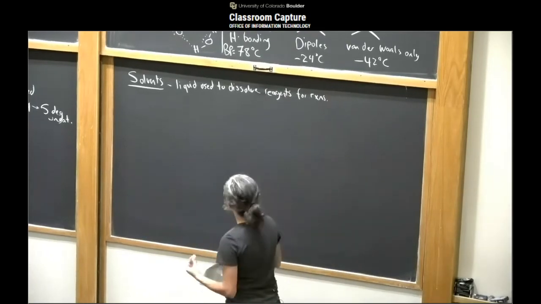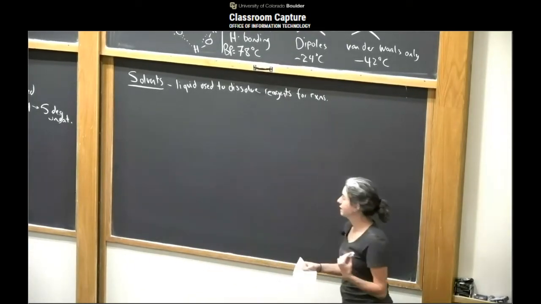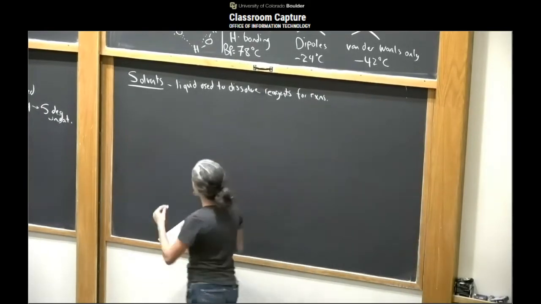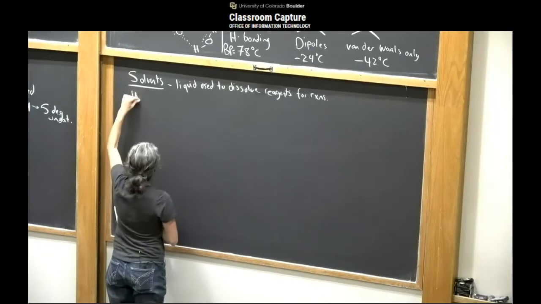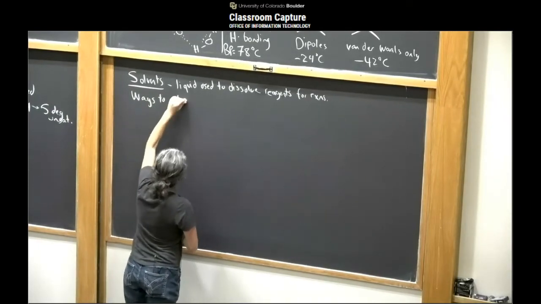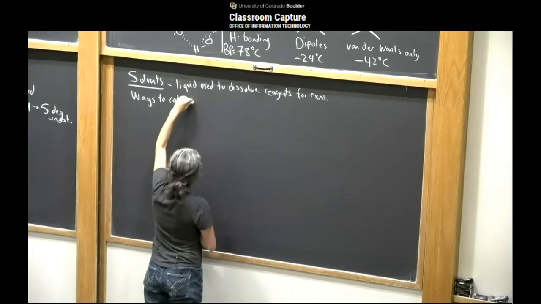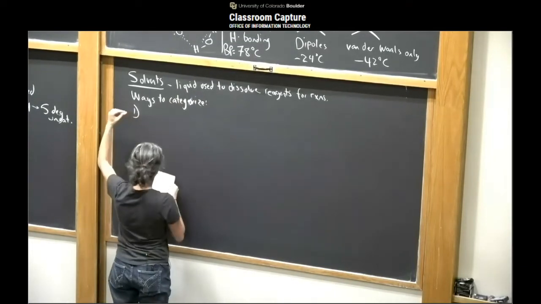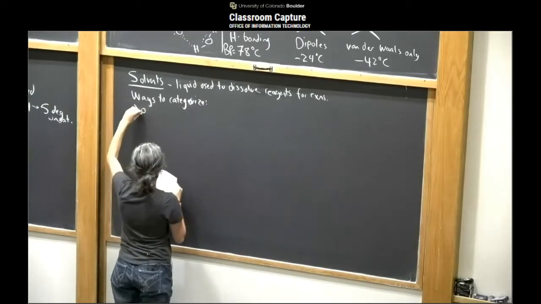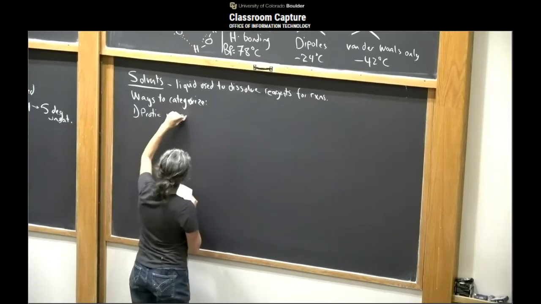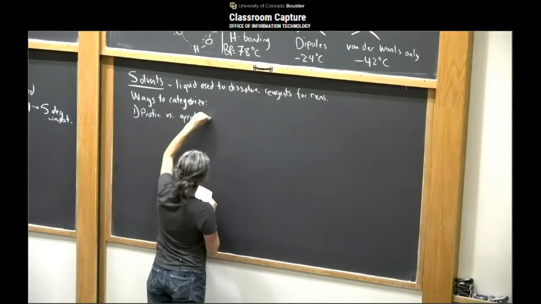Okay, so there's 3 major ways that we want to split things up into groups here. So ways to categorize them. So first of all, we're going to look at what's called protic versus aprotic solvents.